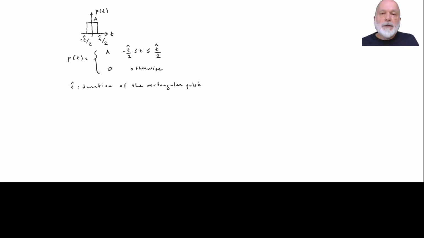Now let us obtain a periodic signal by using this p of t by repeating p of t with a period, fundamental period, equal to t0. So x of t will be defined as follows: the sum over m from minus infinity to plus infinity of p of t minus m t0.